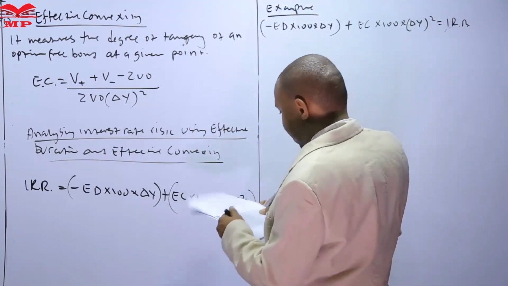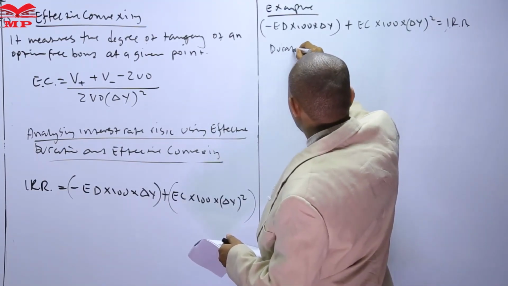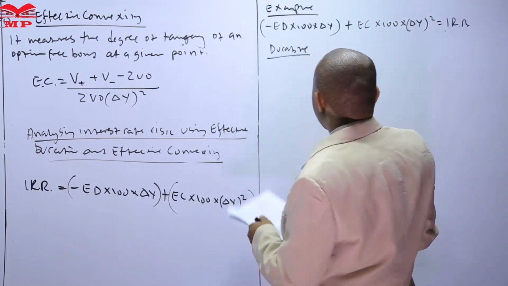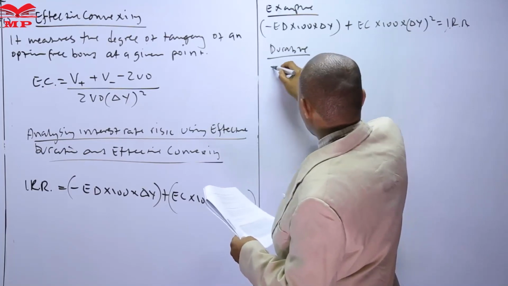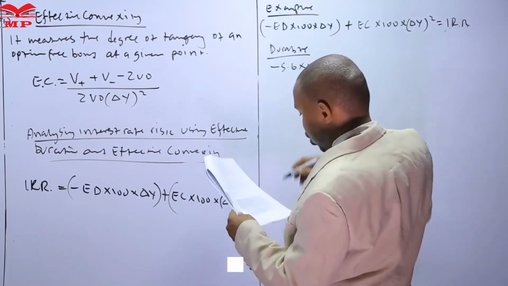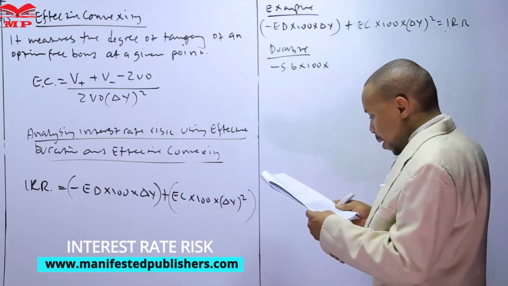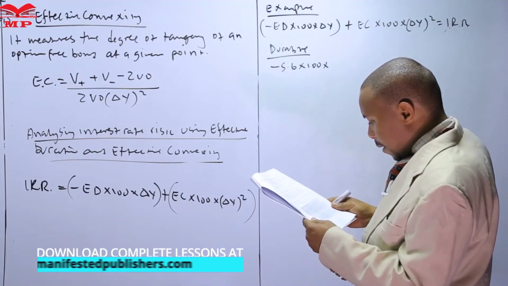In this case, for the effective duration, we start with durable. The effective duration is 5.6, so it's minus 5.6 multiplied by 100 times the change in yield.